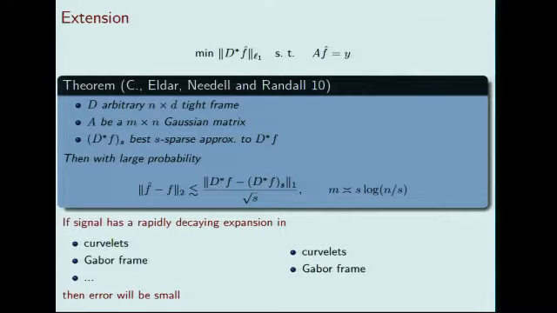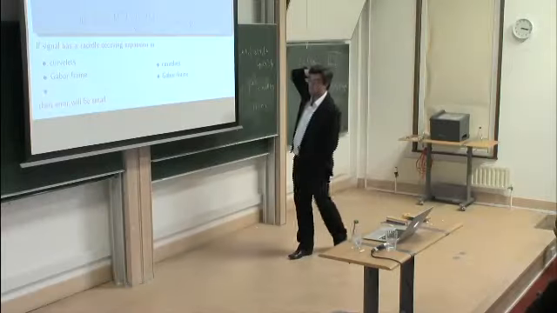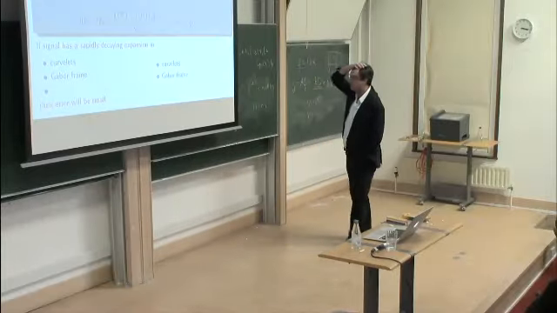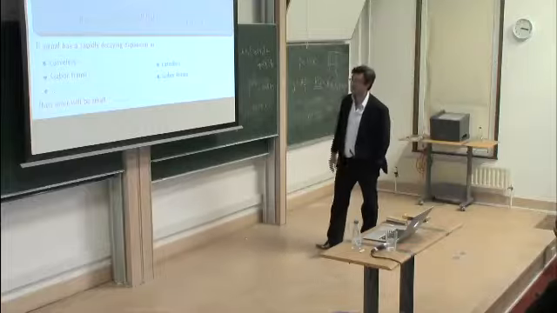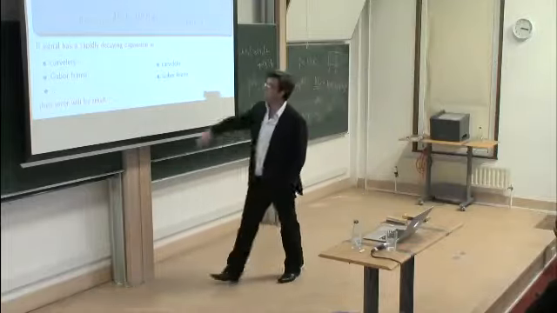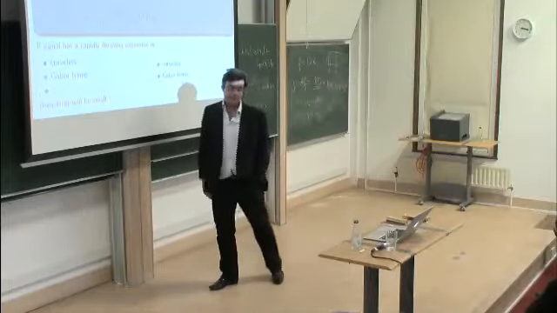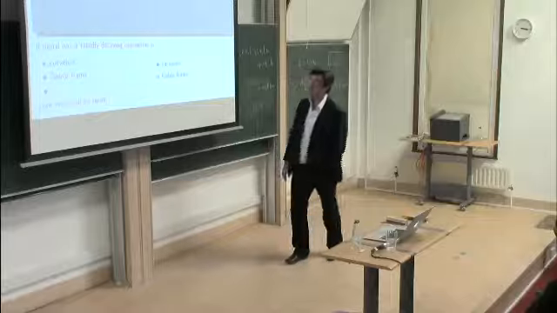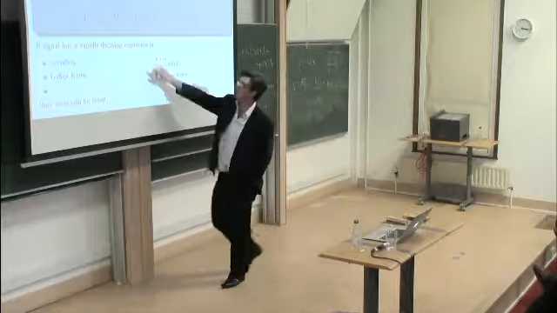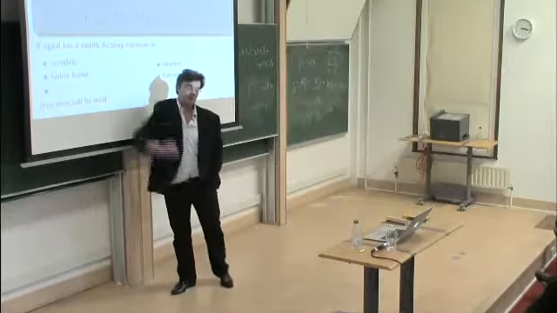So what this result says is that it's okay to use overcomplete expansion. There's no problem with it. And what this theorem guarantees is that if the signal has a rapidly decaying expansion in your representation, in the sense that this error is small, then your recovery error will be small.